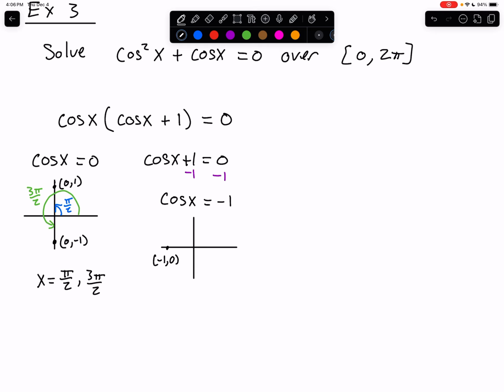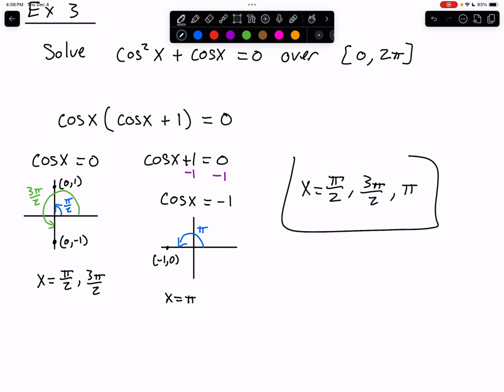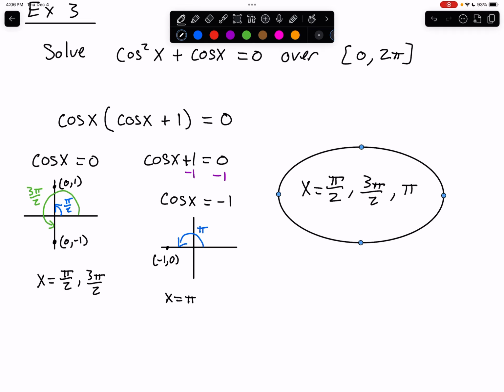That's the only place where the x value is going to be negative 1, so that's my only solution here, and that's going to be pi. So I also have x equals pi from this one. Let's write that all out nice and pretty here. So I just have 3 solutions for this problem.